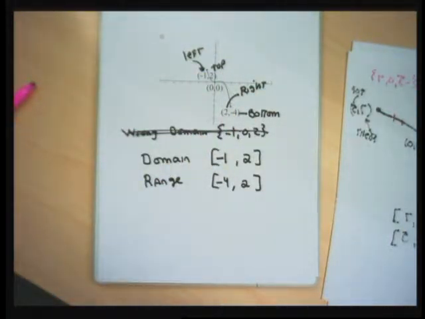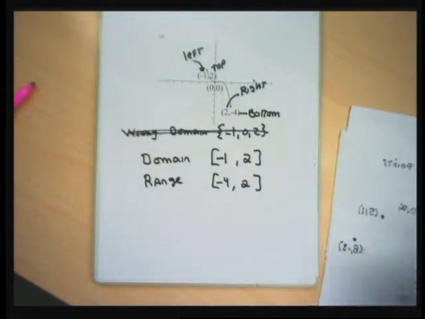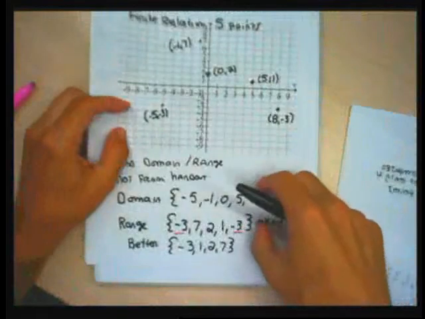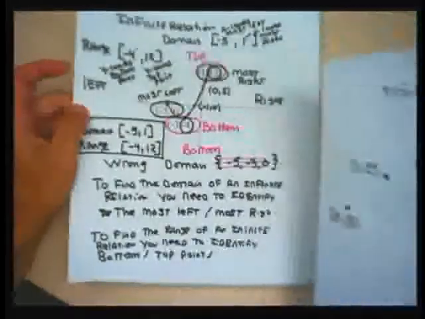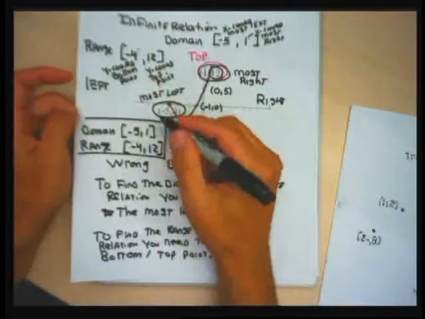Up until now, the graph has either contained a finite number of points that weren't connected, and when a graph contains a finite number of points that aren't connected, when you write your domain and range, you get this nice squiggly notation. You write each individual x and each individual y. When the points are connected, we're using intervals.